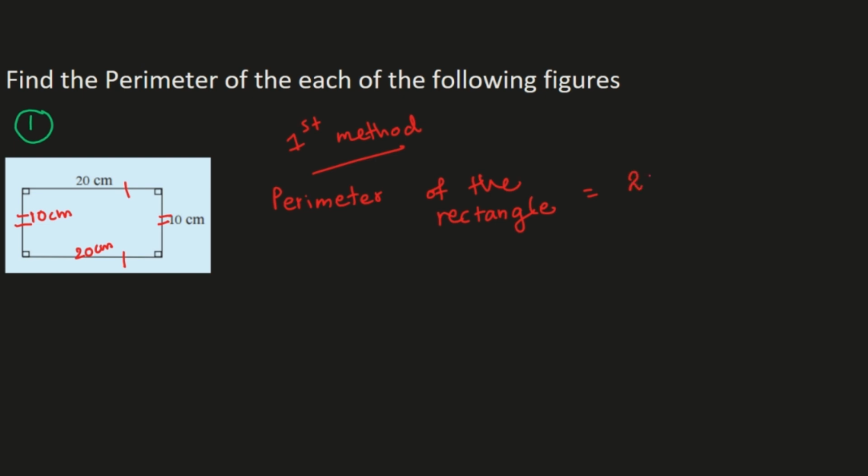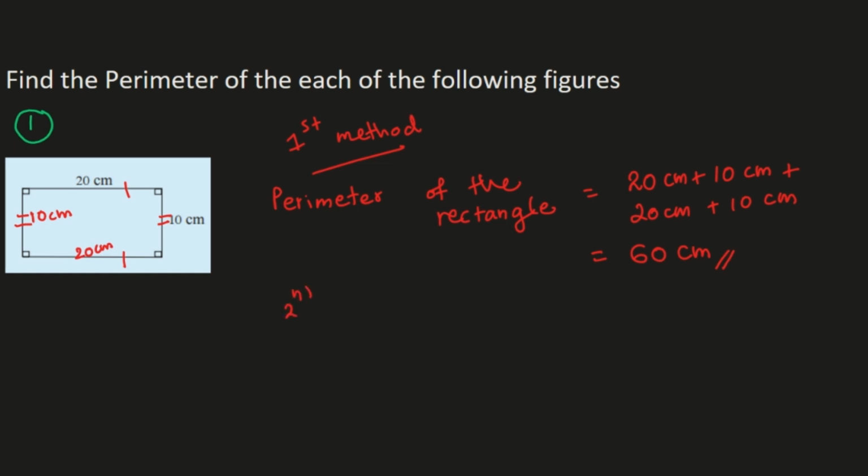So we can write it like 20 centimeters plus 10 cm plus, again, 20 cm plus 10 cm. So 20 plus 10, it's 30, 30 plus 20, it's 50, 50 plus 10, it's 60. So the perimeter of this rectangle will be 60 centimeters.